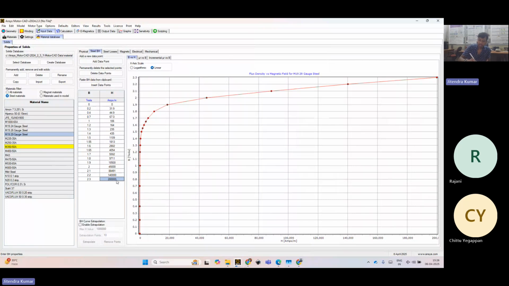Now, in silicon-based steel, 2.3 Tesla corresponds to 200 kiloampere per meter. So almost 50 times more current you will have to feed to achieve a similar air gap flux density.